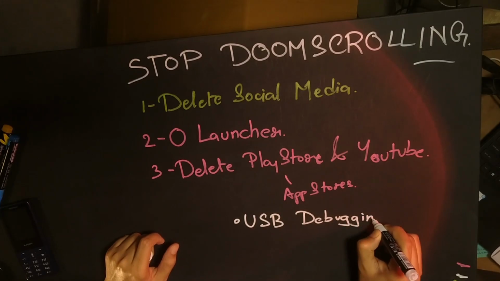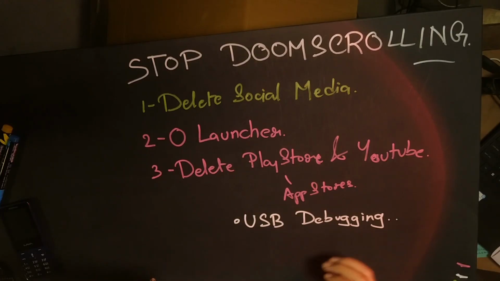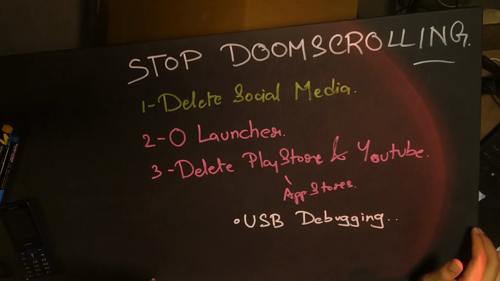You will use a technique called USB debugging. What is this? It basically allows you to connect your smartphone to your computer, to anybody else's computer, whatever it is. Connect your smartphone to your computer and use your computer to send commands to your smartphone in order to delete literally any app or any program possible.